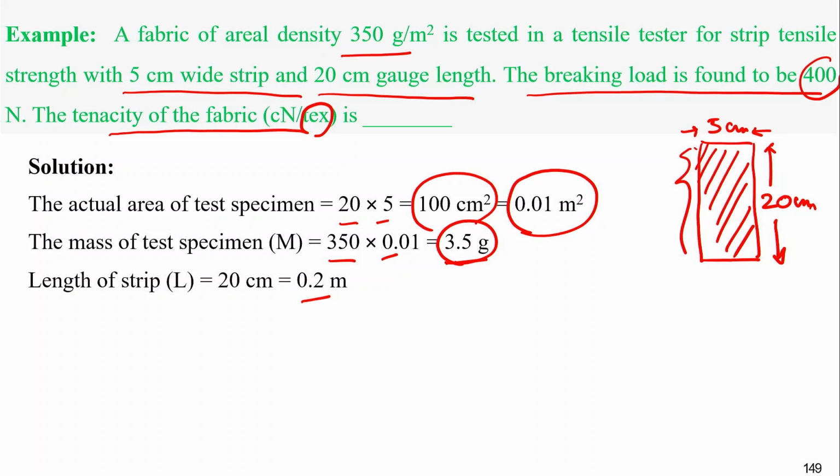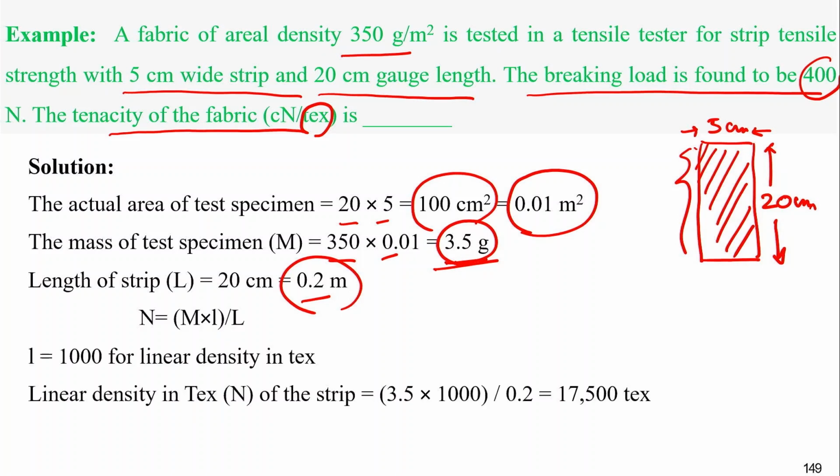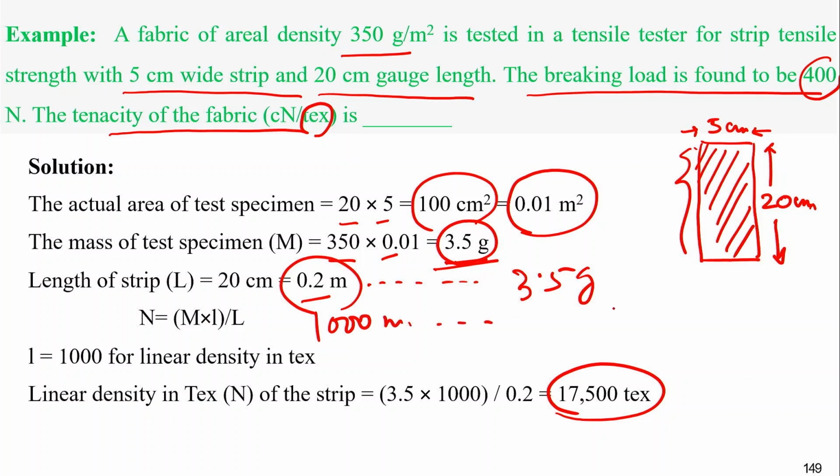So, 0.2 meter material weighs 3.5 gram. For 1000 meter, the mass is 17,500 gram. So, that is the tex, 17,500 tex.